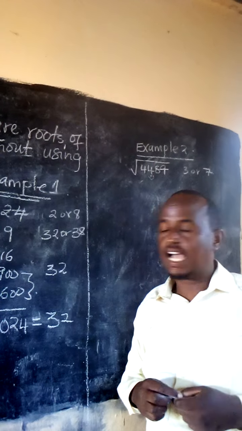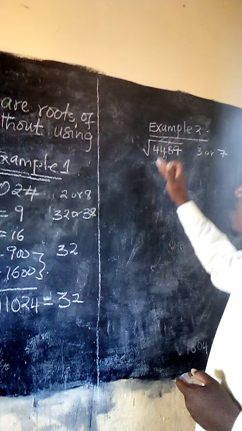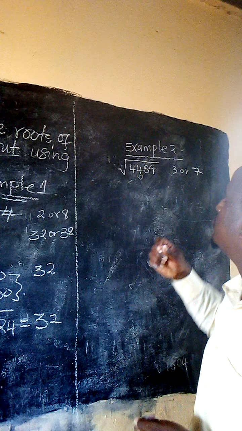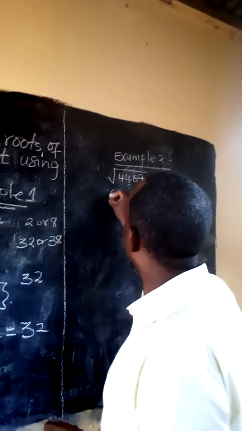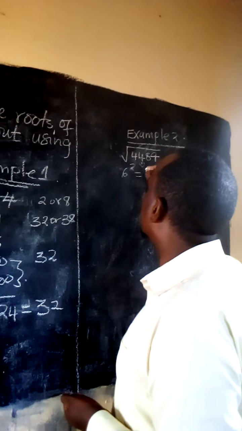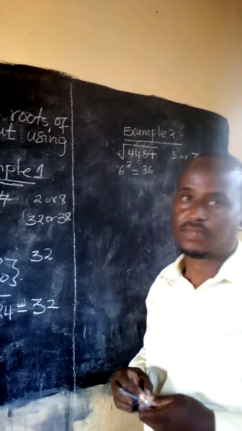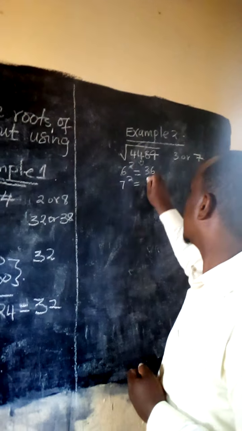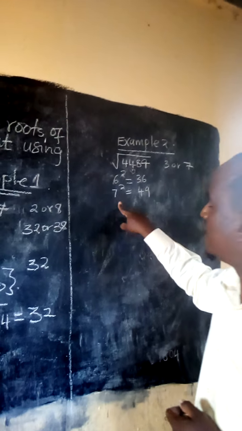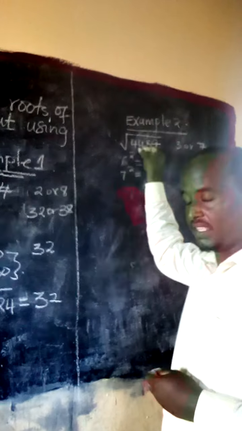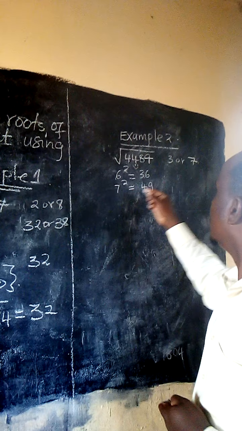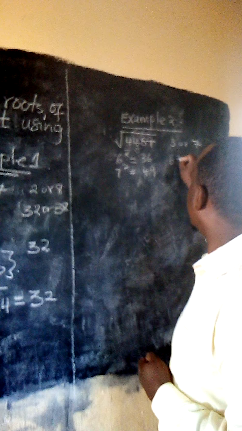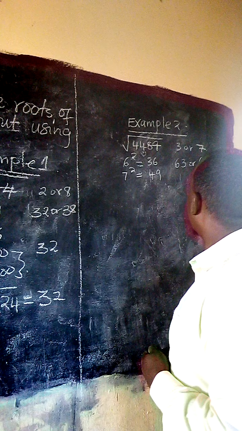We look for the square of a number that is nearer to this, one which is less than and one which is more than. So we can say 6 squared will give us 36. 7 squared will give us 49. So we can say that 49 is already more than, that excludes the 7. So the first digit is 6. So the number will be either 63 or 67.